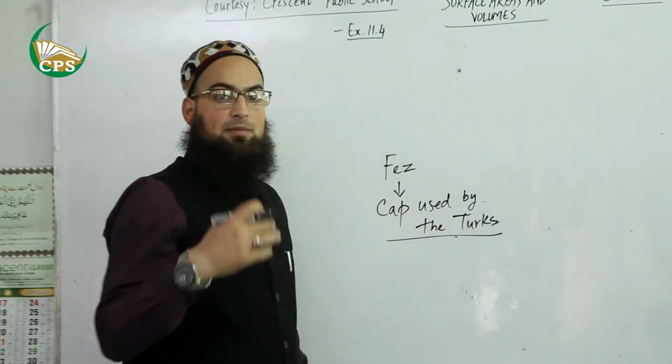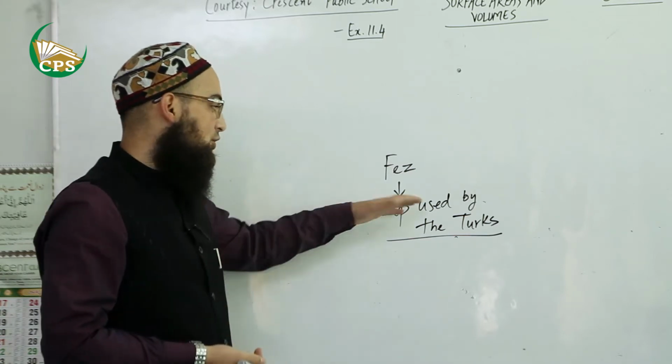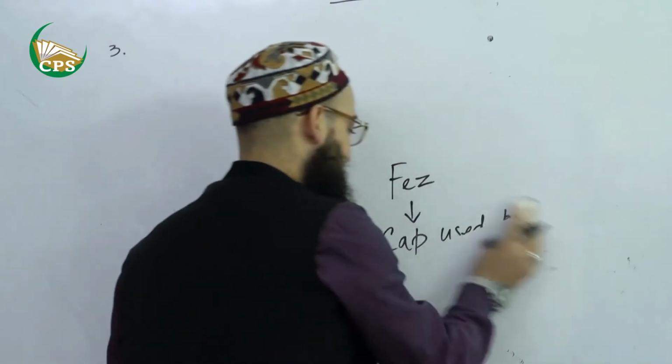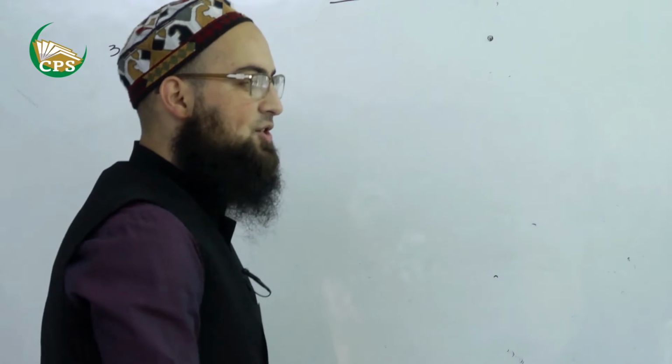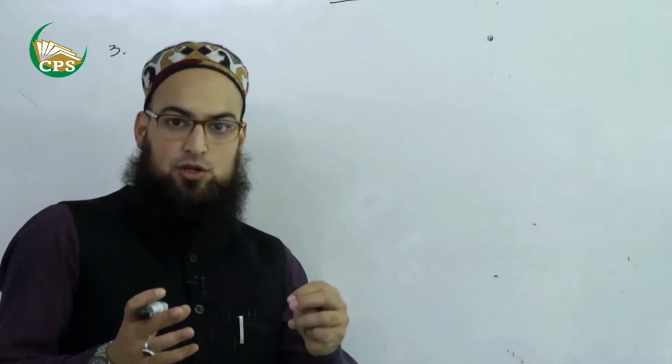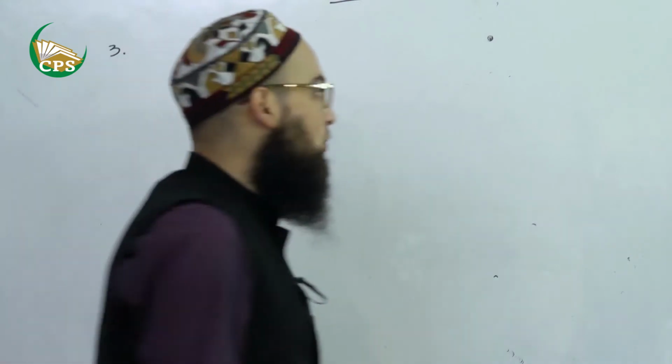It's kind of a cap like the Joker cap. It is used by the Turks, so that is called a fez. Now, a fez, the cap used by the Turks, is shaped like a frustum of a cone.